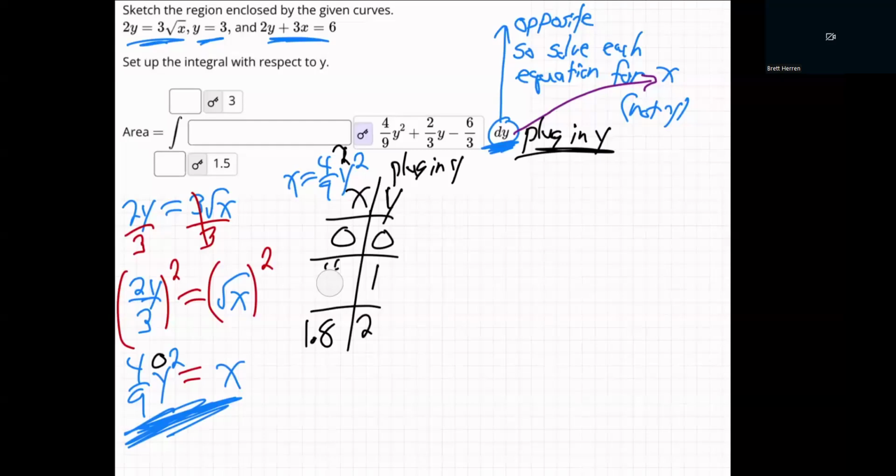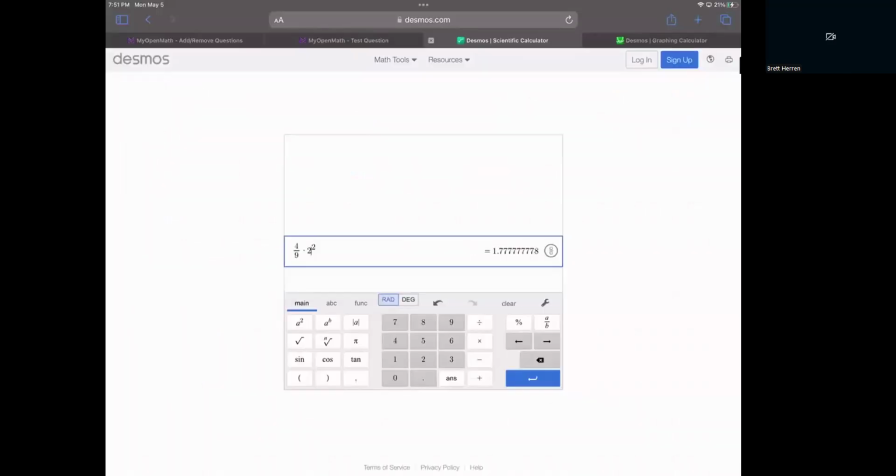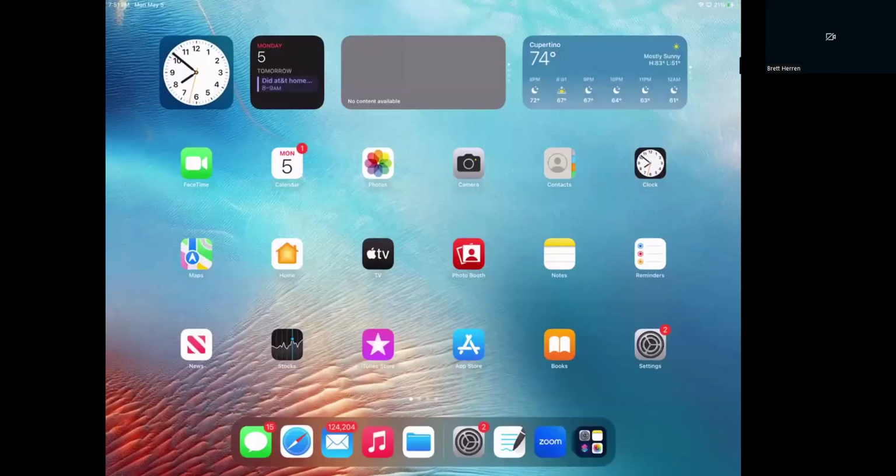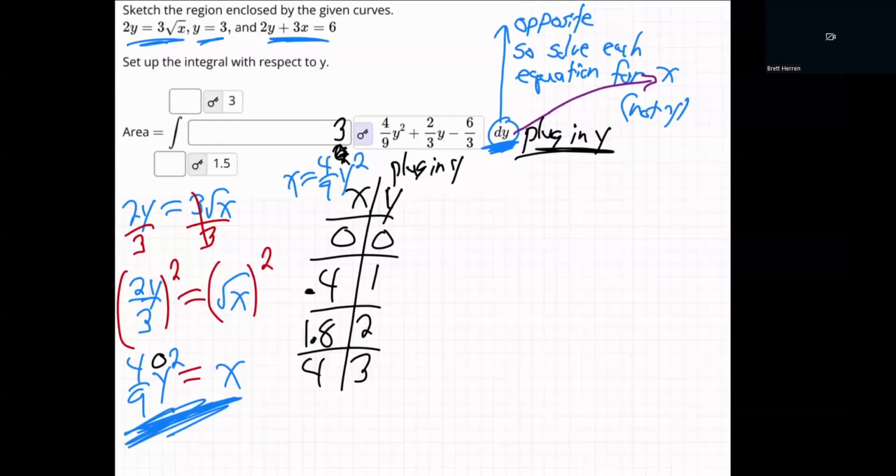By the way, you could have done 4/9 on Desmos too, it'd be 0.4444. Okay, plug in 3 for y: 4/9 times 3 squared. Look at that, 4. Okay, that's enough for now.